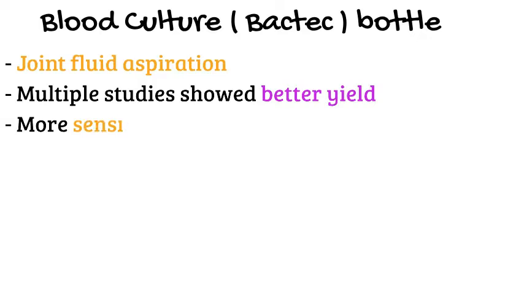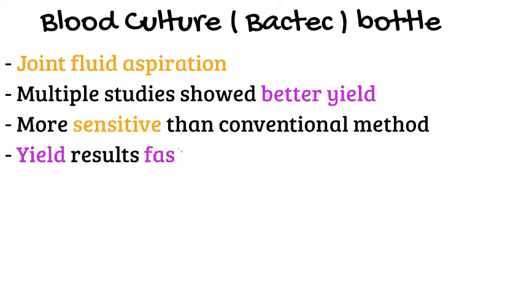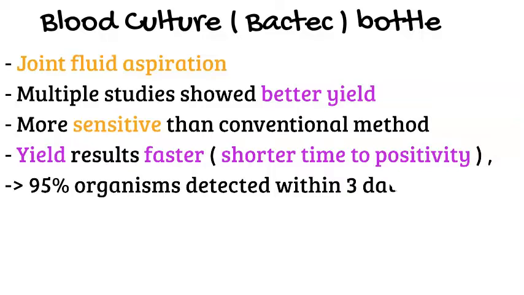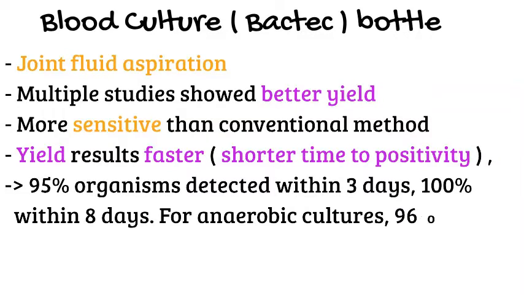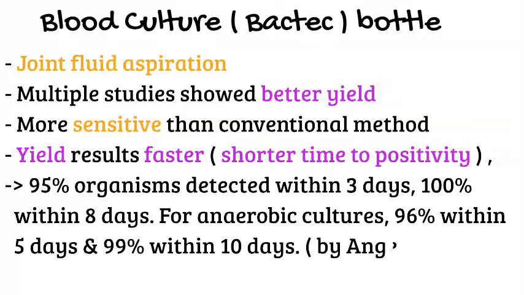Multiple studies showed a better yield result, more sensitive than the conventional method. The result is yielded faster, with a shorter time to positivity. Around 95% of organisms are detected within 3 days, 100% within 8 days.